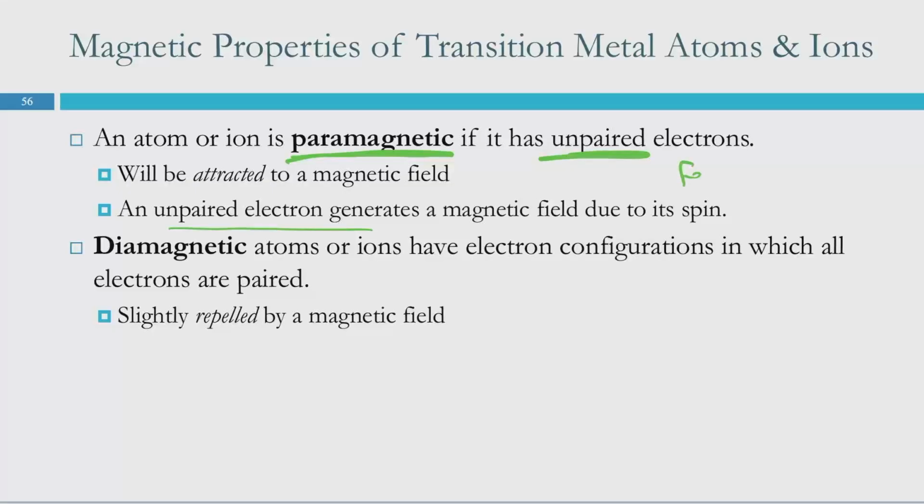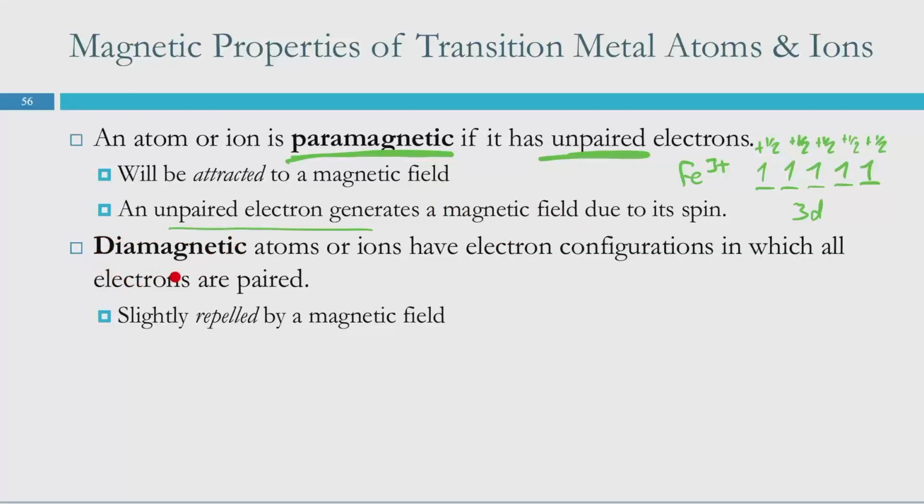So like for our Fe3 plus, our D shell looked like this. Our 3d looked like that. We've got all of these unpaired electrons with plus 1/2 for each of their spin values. And since these all have spin, we get some magnetic field effect.